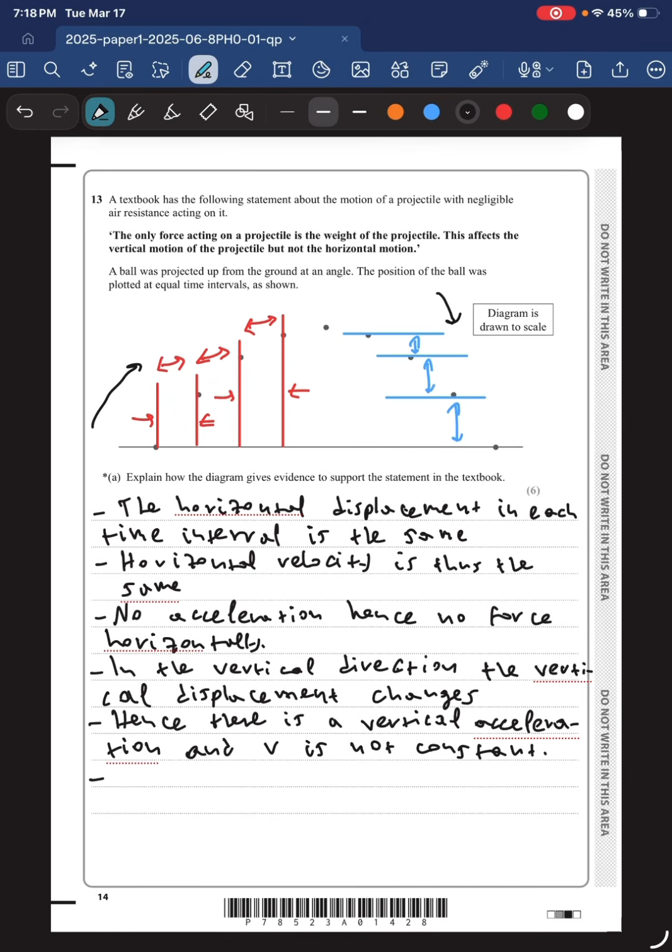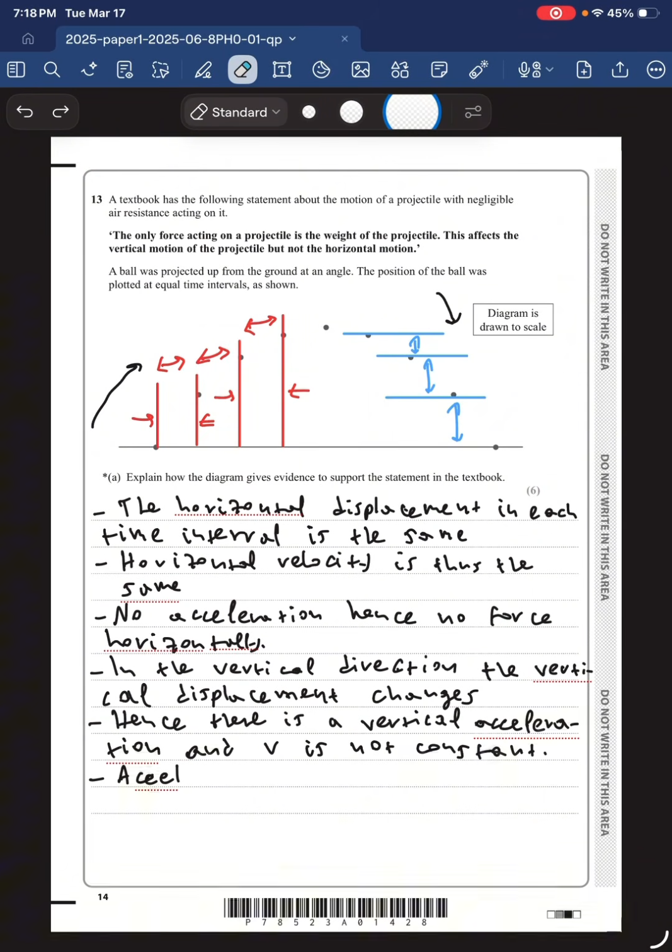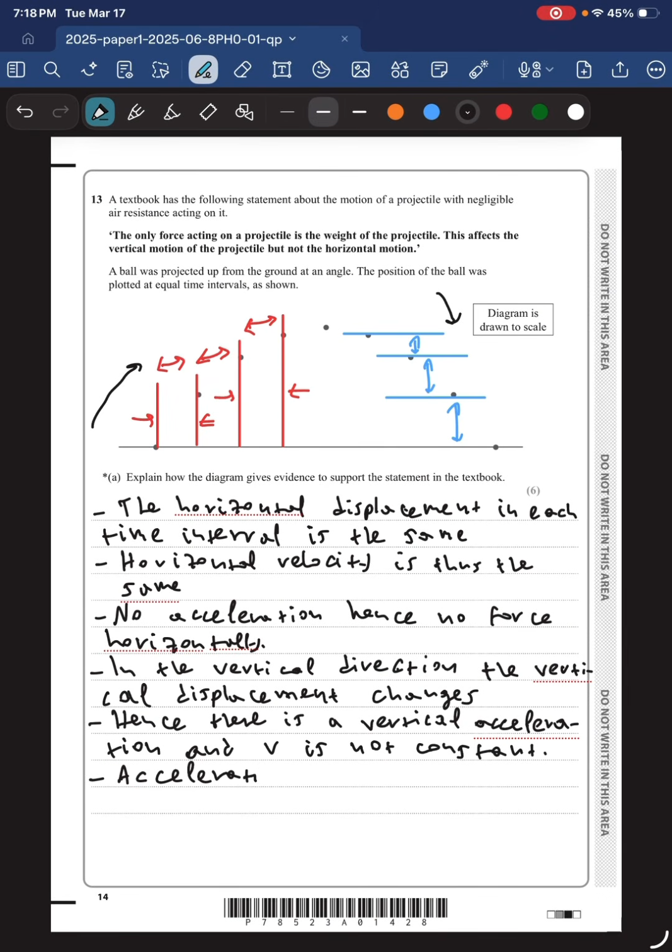Okay, and this acceleration is due to weight.